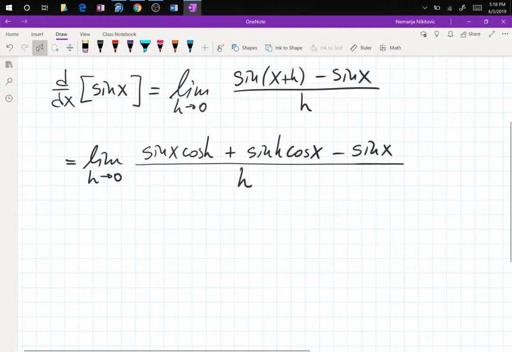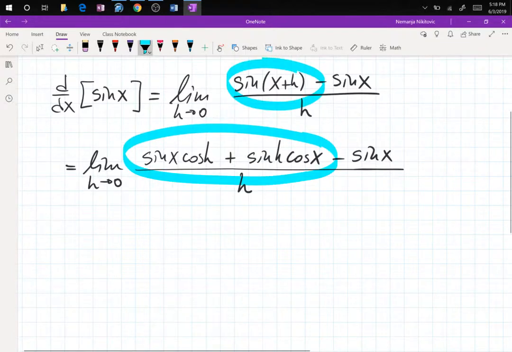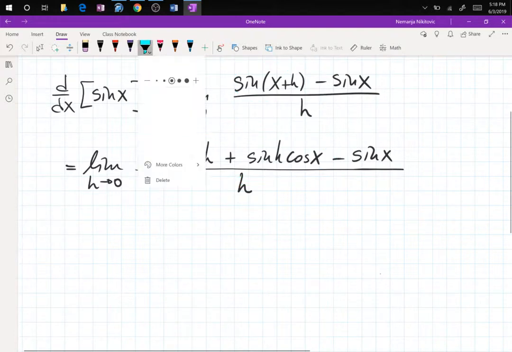So that's the formula. We use this formula to expand this sum. That formula is in the trigonometry course.